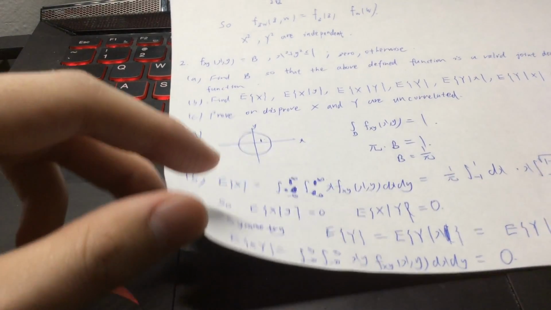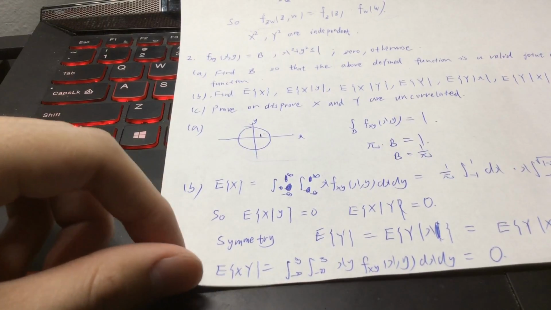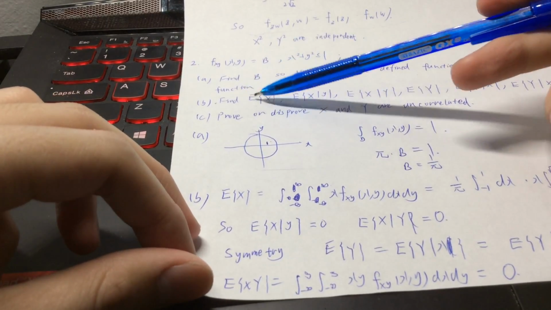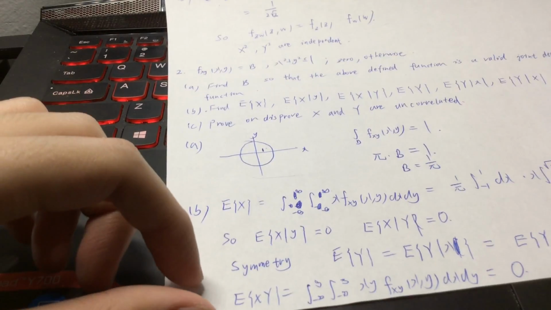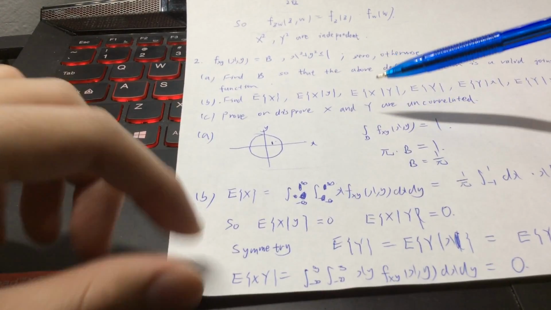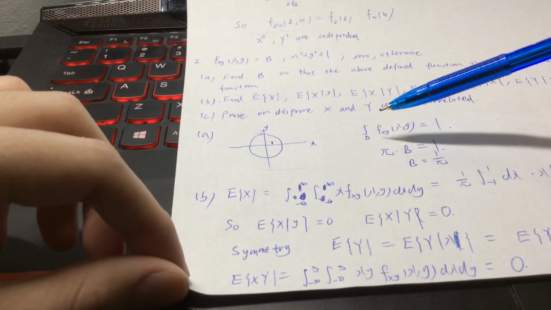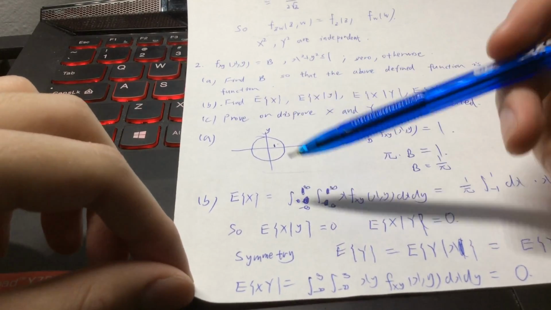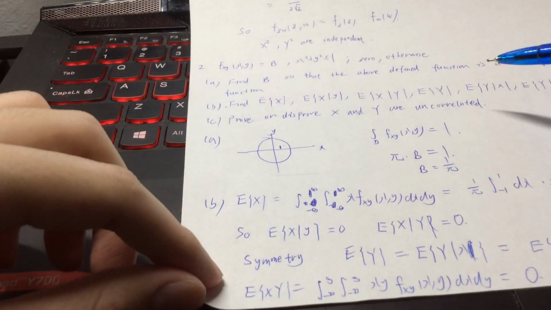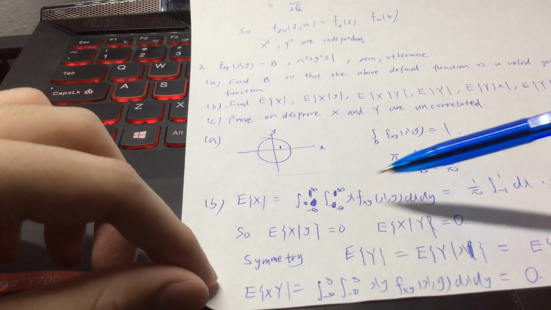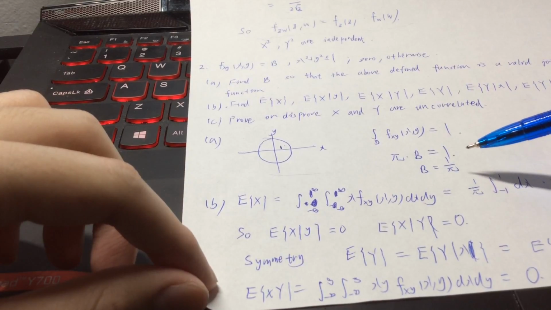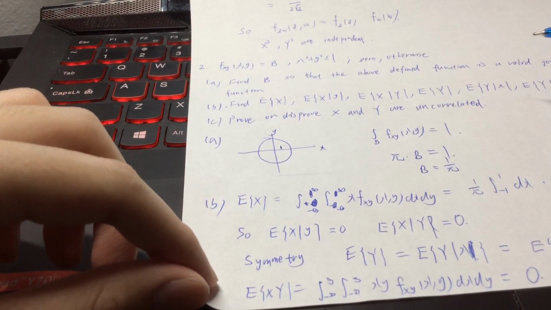As for the second part, it requires us to find these quantities. Firstly, we can start from the first one, E[X]. From the definition, we can list the formula in this format.